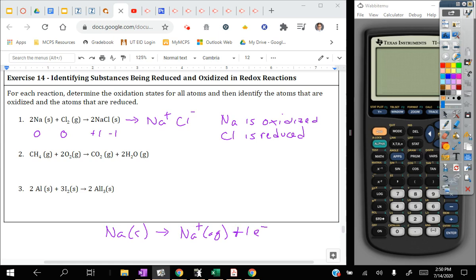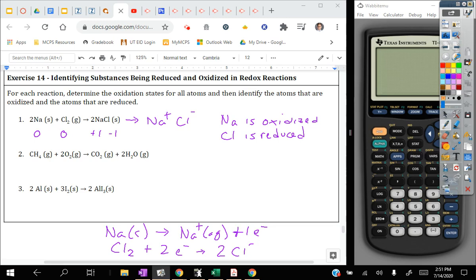With chlorine, you end up with a mole of electrons per chlorine, so 2 e- are being added, electrons are being gained to become negative, and you end up with 2 moles of Cl- ions.